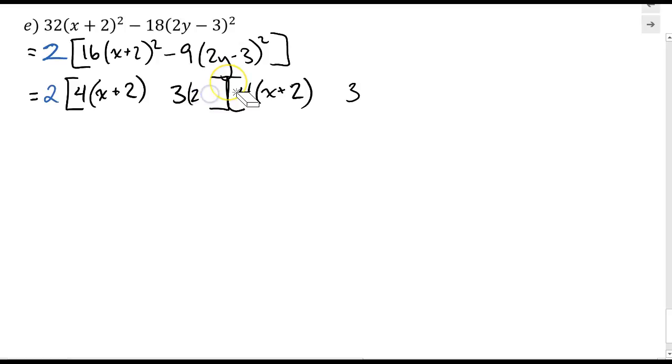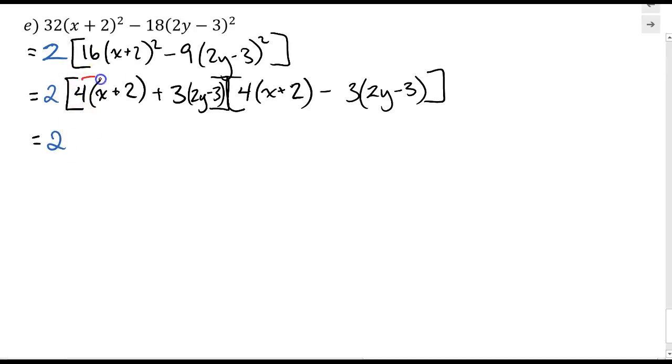So not x. Don't change your variable because that'll make things different. I would have been able to collect like terms with my variables if I had changed that. And opposite signs to produce that negative, and also eliminate my middle term.